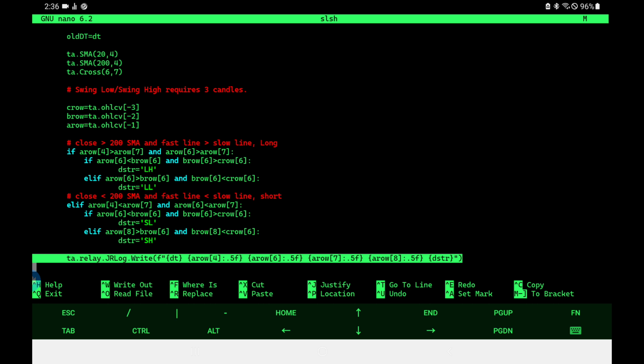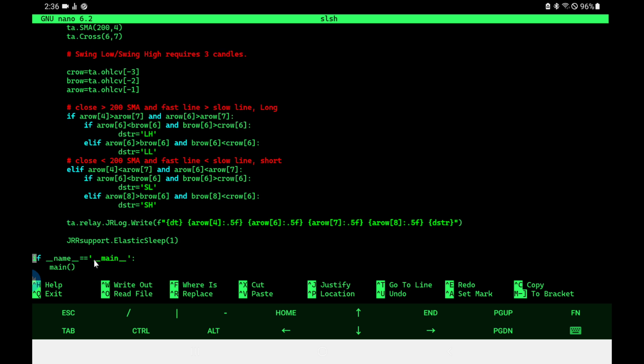That is, the technical analysis object is inheriting all of the Jackrabbit Relay objects and methods for trading. Now we sleep, which lets the computer have a chance for the cycles to cool down so we're not overloading the CPU.